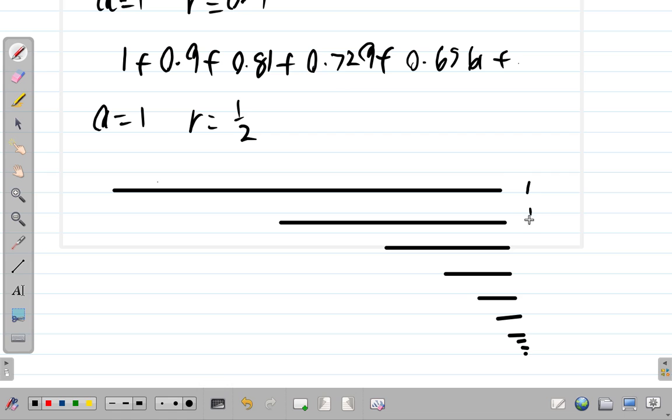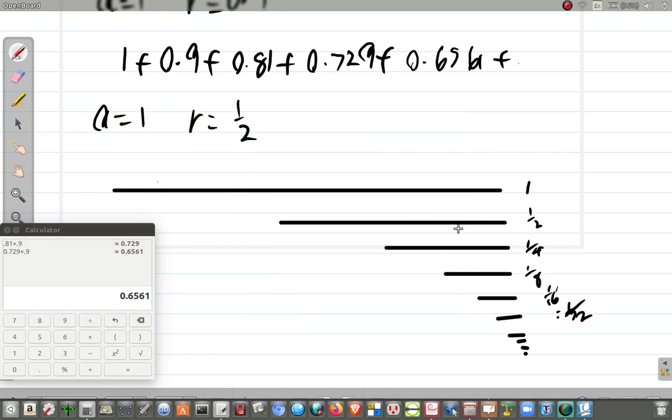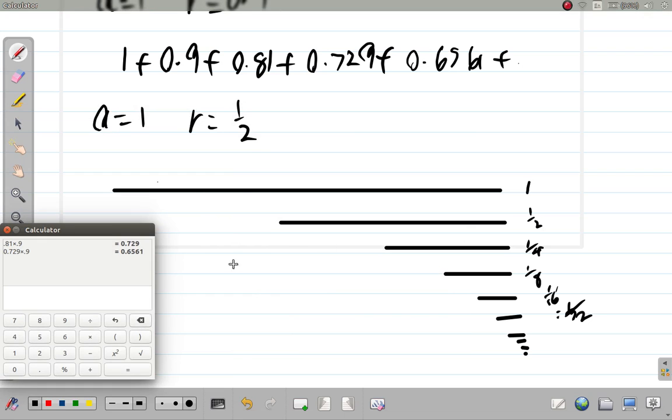1 plus half plus this is a quarter. Half of a quarter is 1/8. Half of 1/8, 1/16. Half of 1/16 is 1/32. And so on and so forth. So, let's see, get an idea of what you might get when you add up these lengths of strings.